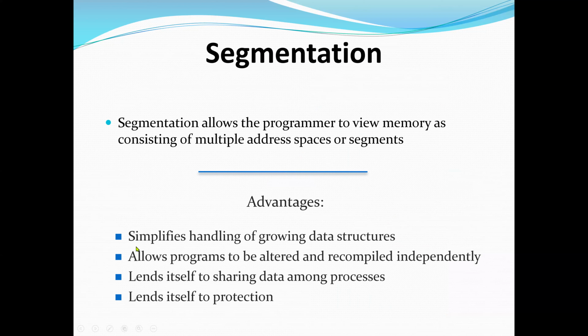Also, it lends itself to sharing data among processes, and also lends itself to protection. So segments may be of unequal size, and indeed are dynamic in terms of size. Memory references consist of an address in the form of a segment number and also an offset.